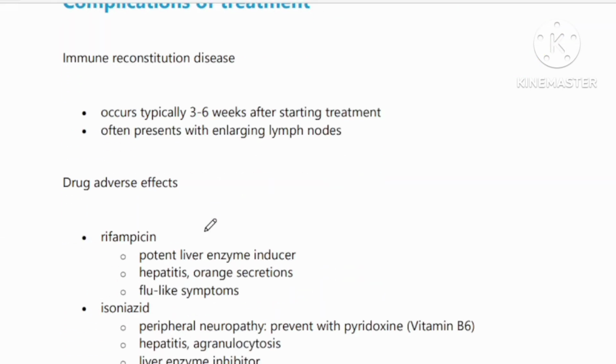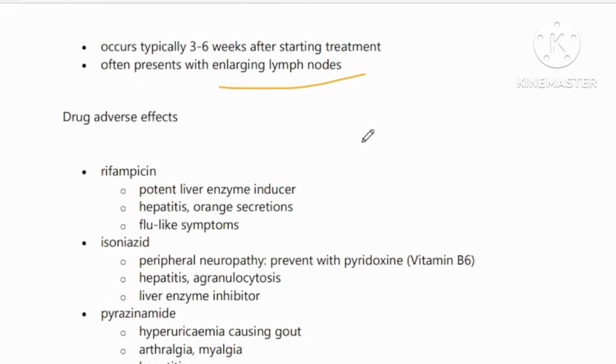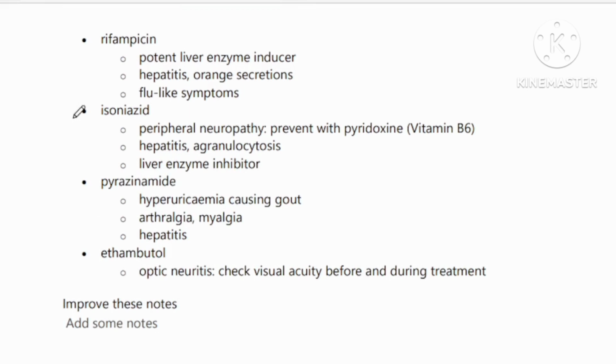And the complication of treatment, the immune reconstitution disease, occurs typically 3 to 6 weeks after starting treatment, often presenting with enlarging lymph nodes. And the adverse effects, remember these adverse effects are mostly tested in your pharmacological section, and RCP mostly tests the 4 drugs' side effects in different types of scenarios.